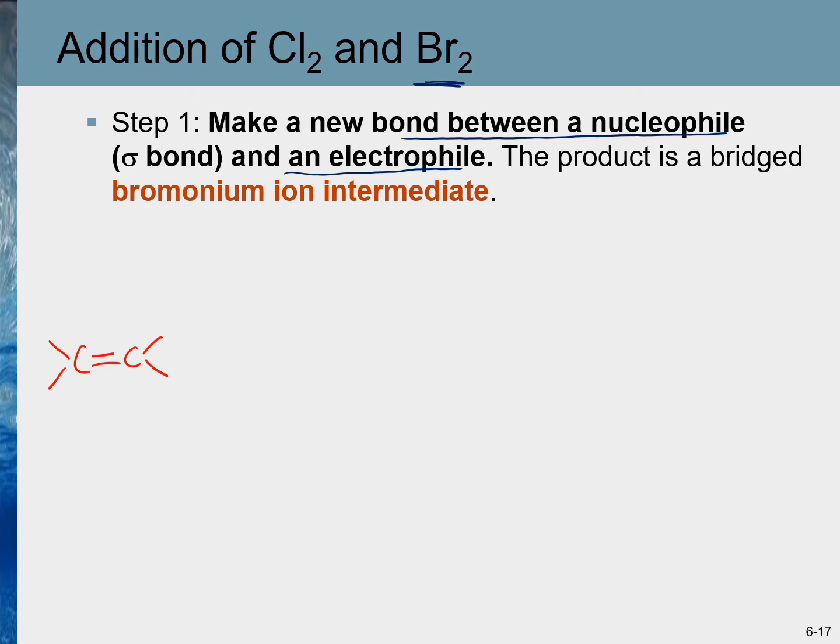So this carbon-carbon double bond represents our alkene. So in step number 1, alkene attacks the bromine, and this attack will lead to formation of a bridged product which is known as bromonium ion intermediate.